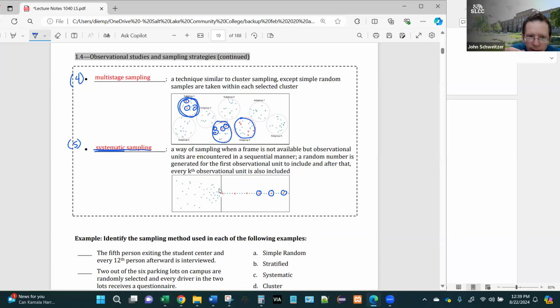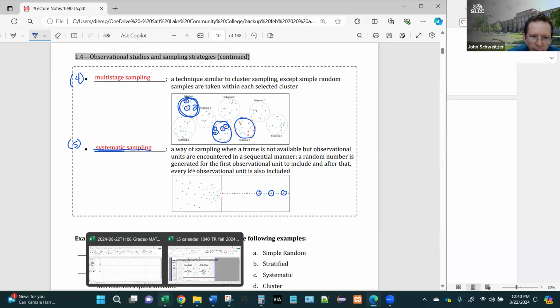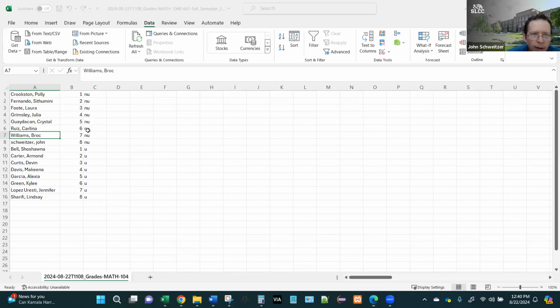We're going to select every 4th person or every 10th person. It depends on 2 things, the size of the population and the size of the desired sample. So let's do that. Let's get you guys lined up and randomly select 4 of you. You're already in a line, in a digital line here.